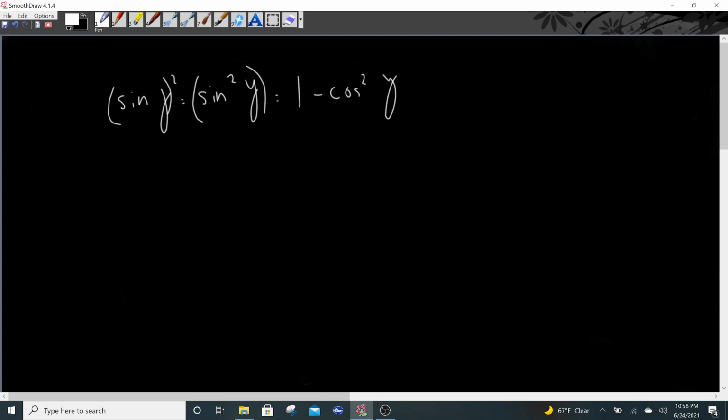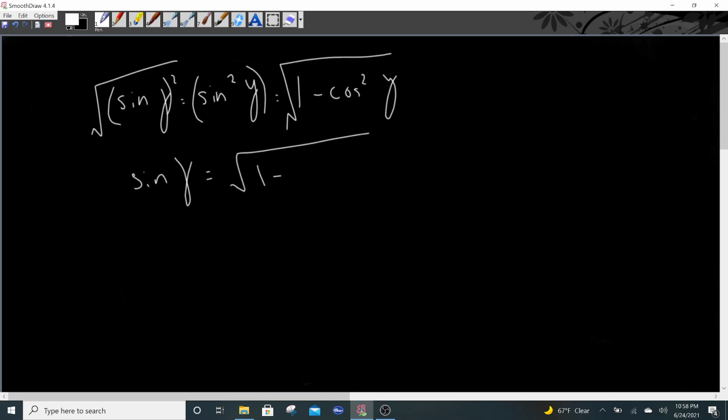So with that, we can say that taking the square root of both sides, sine gamma is equal to the square root of 1 minus cosine squared gamma, which we can then plug in our original cosine gamma, a squared plus b squared minus c squared over 2ab.